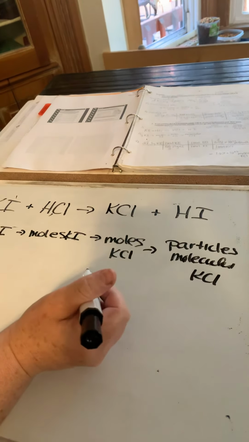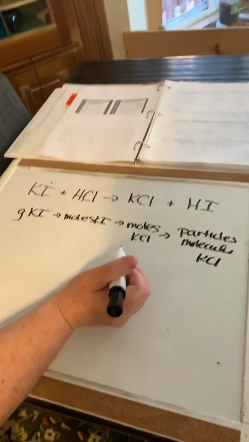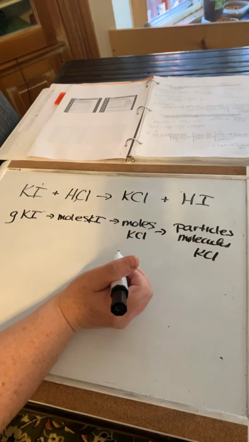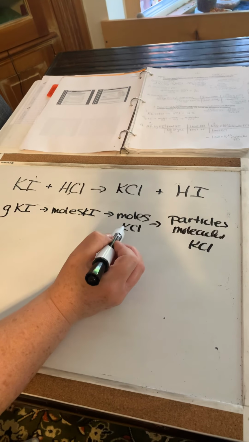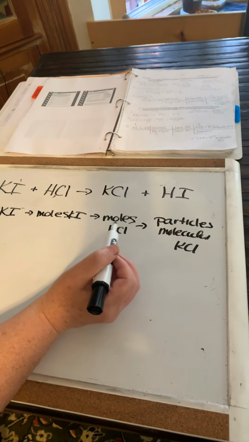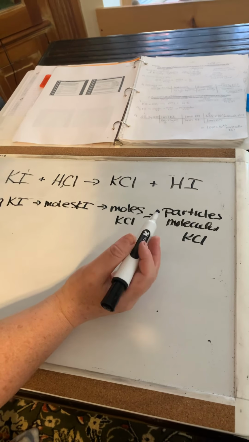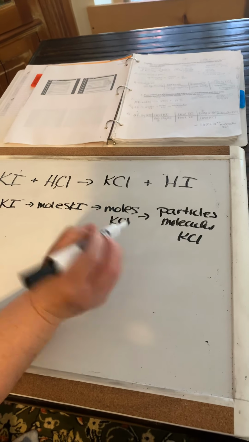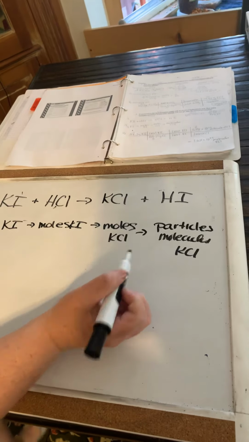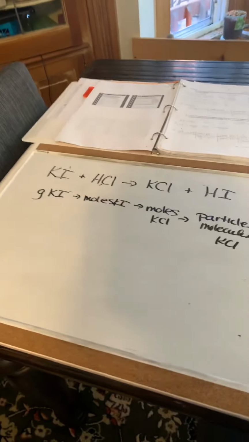Notice that we don't have to do grams in there, because if you were paying attention earlier in the year, you would know that there is a direct relationship between moles and molecules. You don't have to go through grams. Moles to molecules, 6.02 times 10 to the 23rd. Remember that lovely number? Okay, so this is our plan.